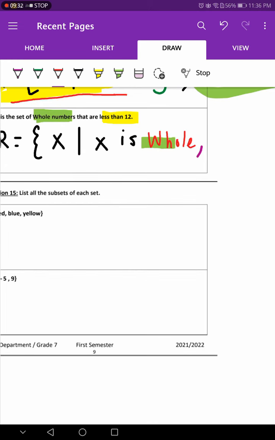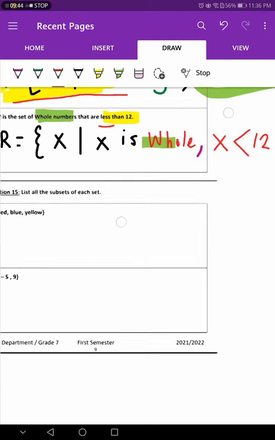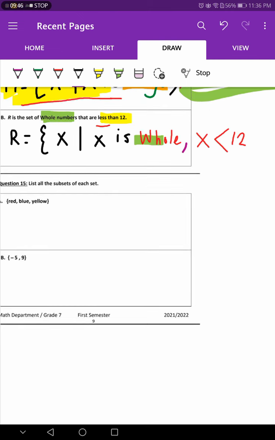So X and 12, and you remember that less means the mouth opens to eat the number less than 12. Then I will close the braces. Okay, my beautiful boys, we are done with this part.